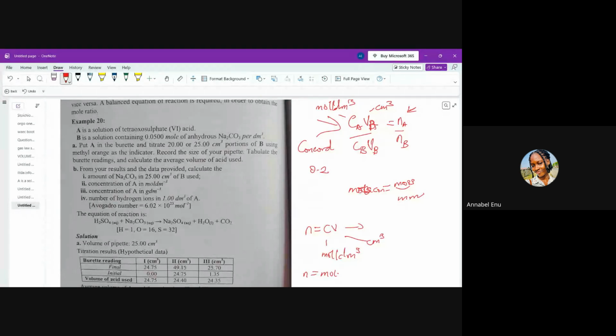But if our acid is in the burette, we take the average of all the burette readings, and that is how we know the volume of our acid. If it is base, that's how we know the volume of our base. So those two pieces of information are what the titration process tells us. If we get those two details, then we are good. We calculate the rest by ourselves.